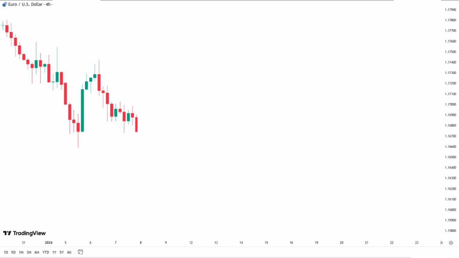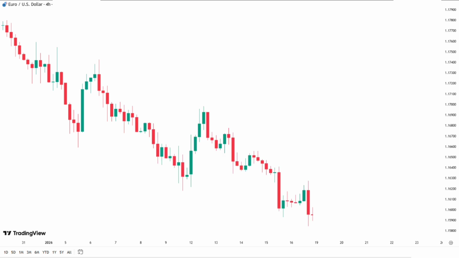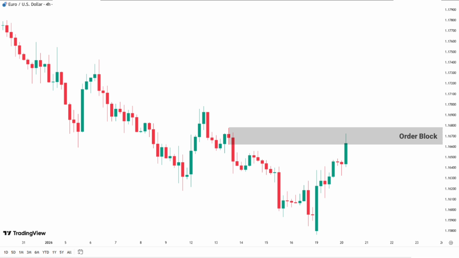Let's look at some real chart examples. On a bullish example, consider EUR/USD on the 4-hour chart in a clear downtrend with lower highs and lower lows. Price retraces into a prior bearish order block that previously caused strong downside displacement. The reaction is weak and fails to create a new low. Instead, price sweeps the prior swing low, taking sell-side liquidity.